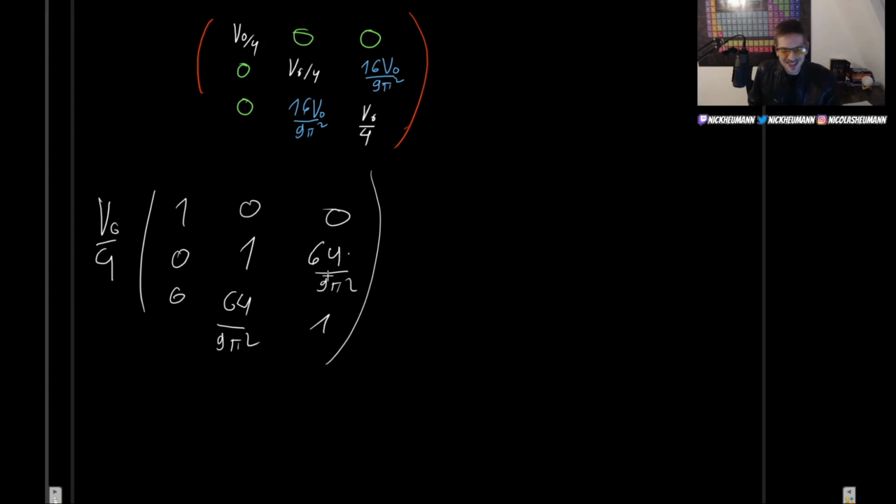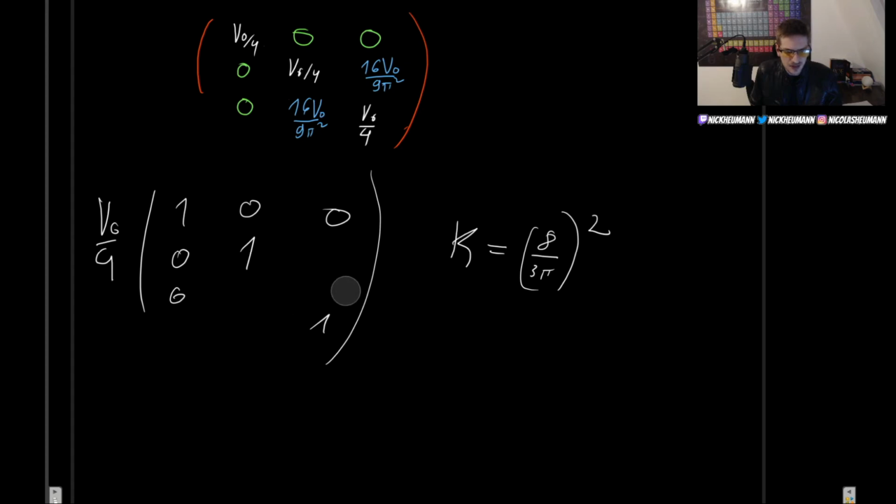And since these 64 over 9 pi squared are kind of annoying, we can define a new constant, kappa, which would be in this case 8 over 3 pi squared, which is what Griffiths calls it, just to make it look a bit cleaner. Of course you don't have to, but it looks better, so why not? So this would be kappa here. It kind of looks like a K, but it is what it is.